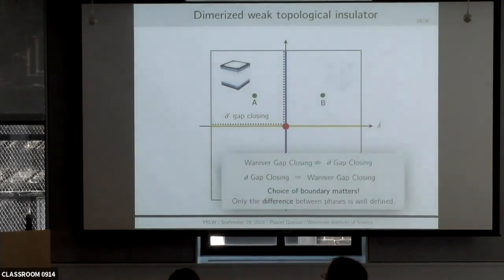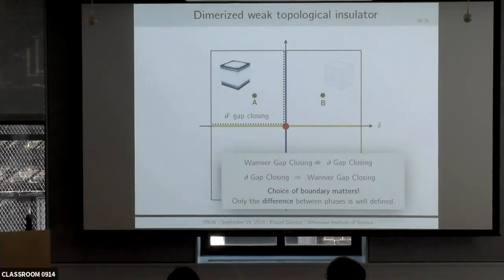Okay, so this ambiguity is basically due to the fact that while a boundary gap closing really corresponds to a Wannier gap closing, a Wannier gap closing does not necessarily correspond to a boundary gap closing.